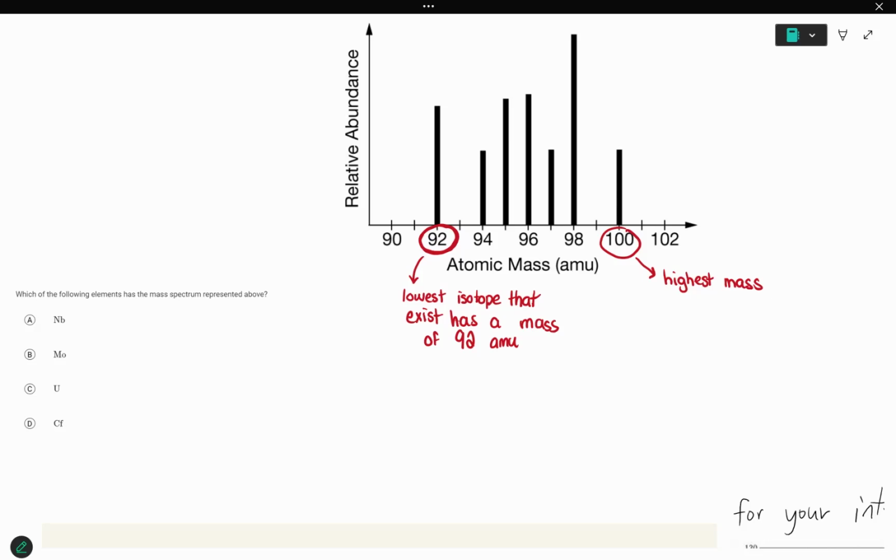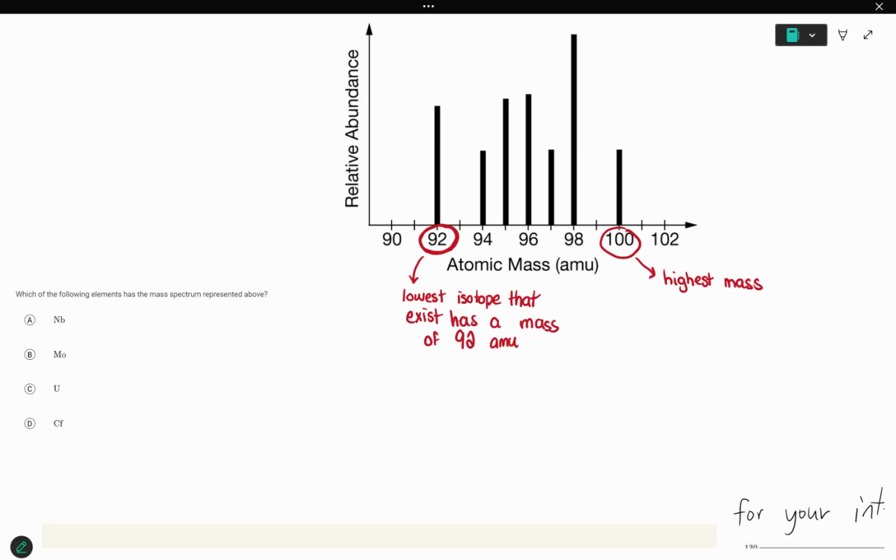Think of it this way: if these were the scores you got on different tests, and these are the weightings of the different tests, what do you think your average would be? It could not be anything below 92 and it could not be anything above 100.